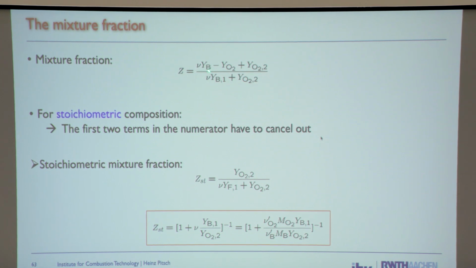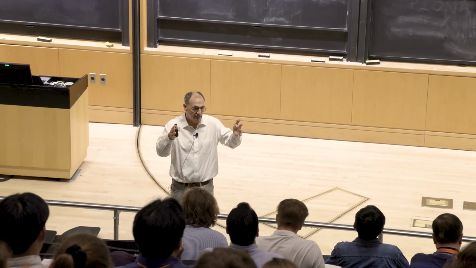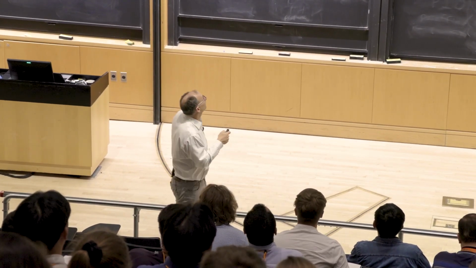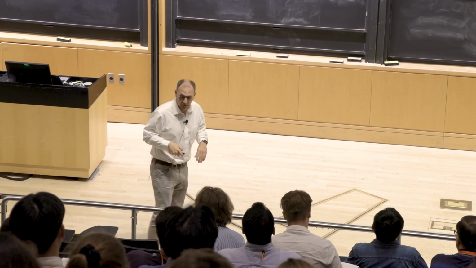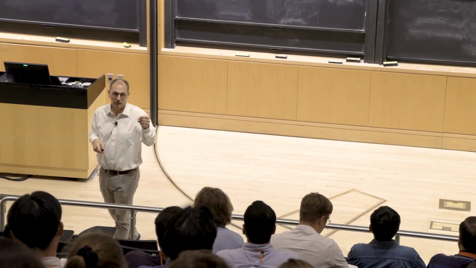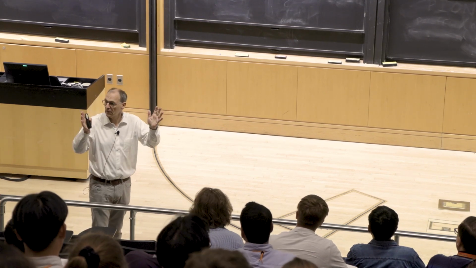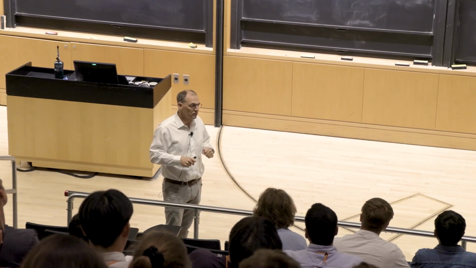And what's interesting about this, because it really just counts elements, it looks at where did the elements come from. It doesn't matter if it burned or unburned. So if I have a system with a fuel-air mixture, and I evaluate the mixture fraction, I get a certain value, and now I burn it, and the mixture fraction doesn't change, okay?